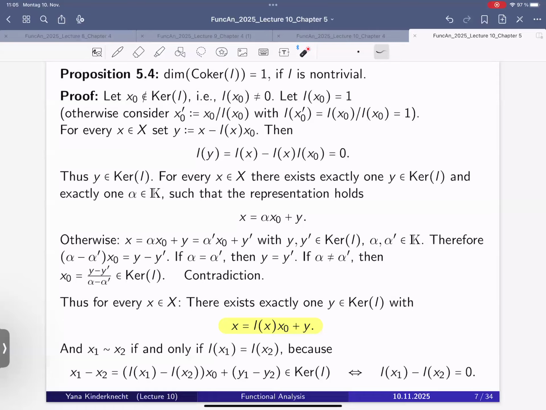And hence, this equivalence, I recall that the equivalence was like x1 equivalent to x2 if and only if x1 minus x2 belongs to this kernel of L, that is the space over which we factorize. So X over this kernel.